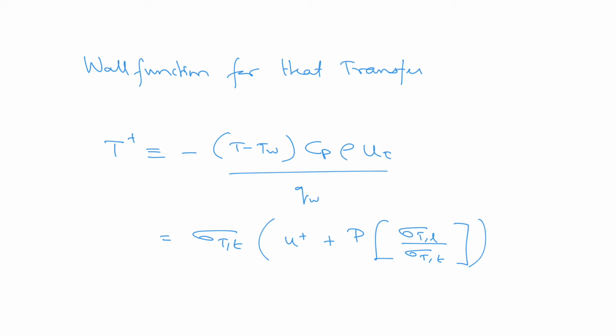Now we have to understand the different terms in it. You know that Cp is the fluid specific heat at constant pressure, so it depends upon the fluid medium which you use. Then you have Qw, the wall heat flux.